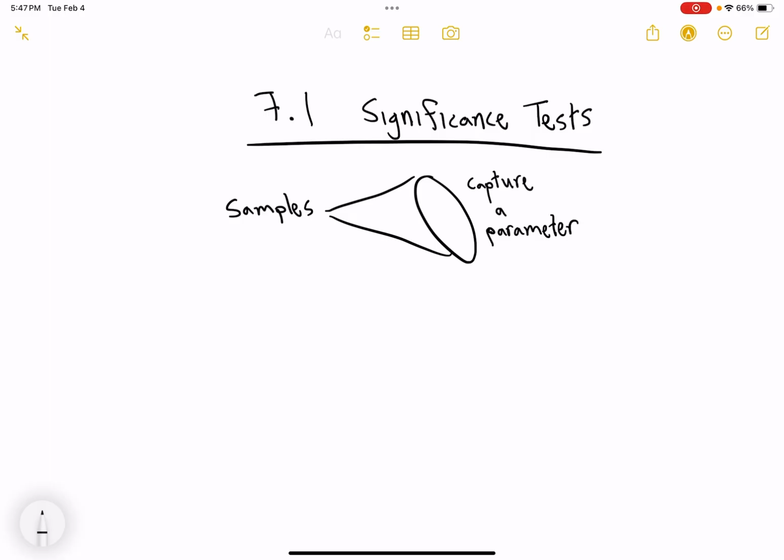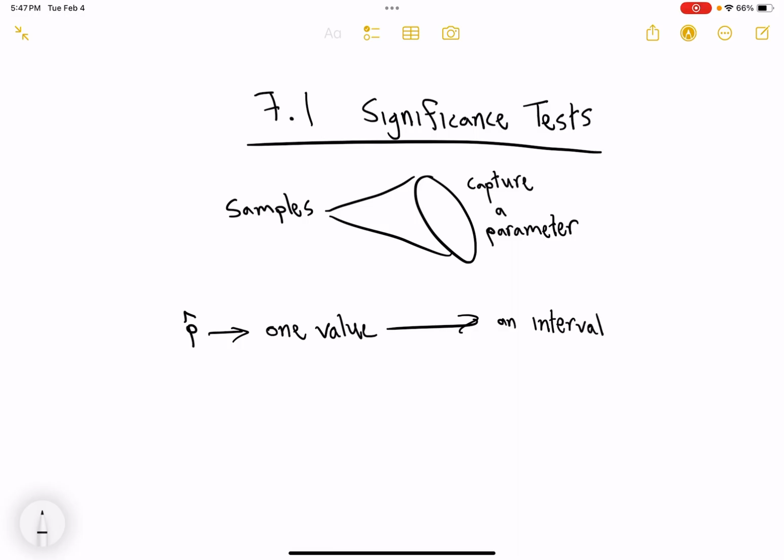Now, you might remember last unit when we were doing confidence intervals, the way that tended to work was we would take a single sample. In this case, I'm going to use the example of p-hat, so a proportion. And we would use that to go from a single value all the way out to an interval, a set of values.